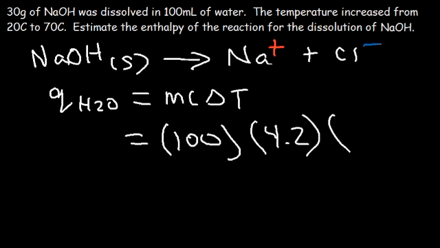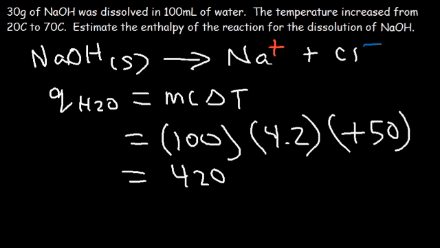Now the change in temperature, final minus initial, 70 minus 20, is an increase of positive 50. So now let's multiply. 100 times 4.2: 100 times 4 is 400, 0.2 times 100 is 20. So this is 420. And 420 times 50.